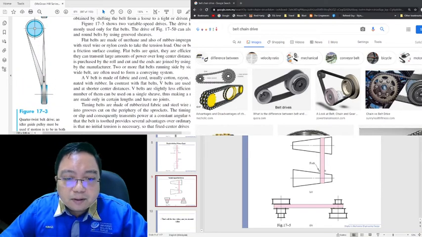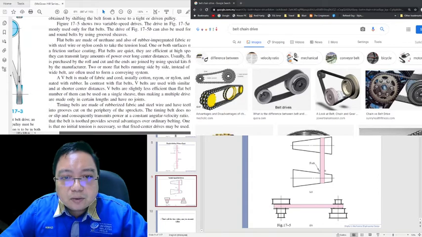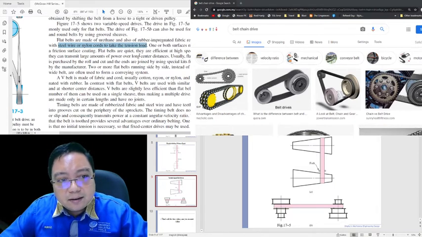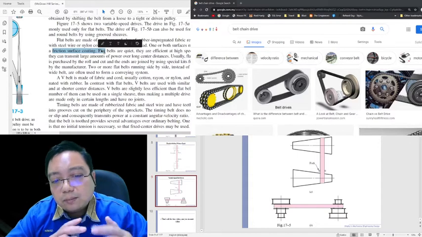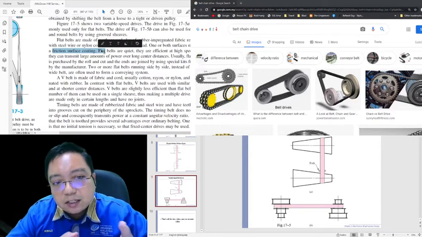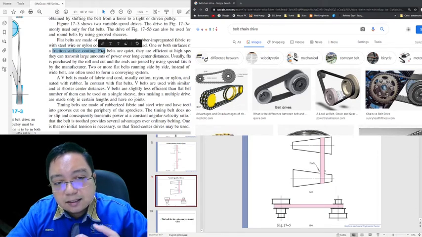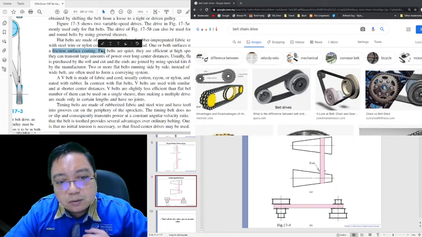Flat belts are made of urethane and also rubber-impregnated fabric reinforced with steel wire or nylon cord to take the tension load. One or both surfaces may have a friction surface coating. Meaning that you want to reduce the friction so that the belt can have longer usage.